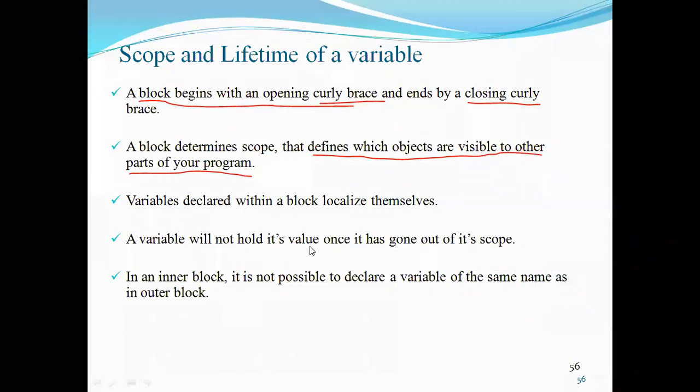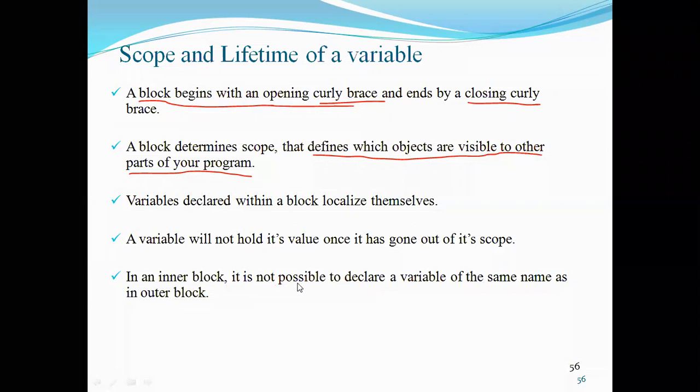A variable does not hold its value once it goes out of its scope. Local variables have a lifetime within the particular block. Once control exits that block, the visibility is gone, and you cannot access the value of that variable.